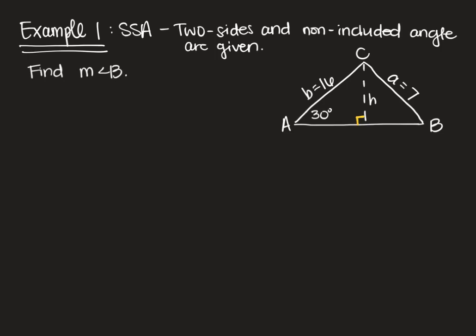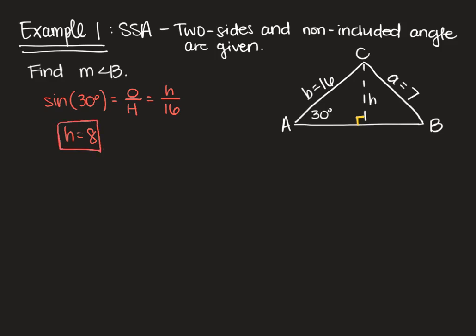So to find side length h, which is the opposite side, we want to use the trig ratio that involves the hypotenuse and the opposite side, and that's sine. So sine of 30 degrees is equal to opposite over hypotenuse, so it's equal to the height over 16. Then to solve for h, we just multiply 16 times sine of 30, and we get the height is equal to 8 units.